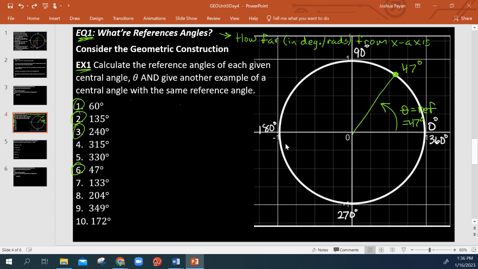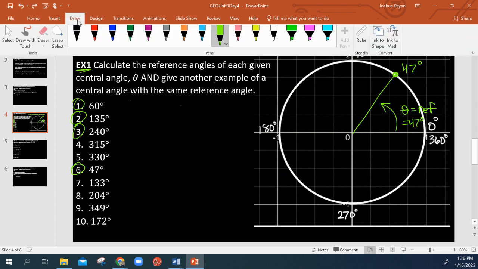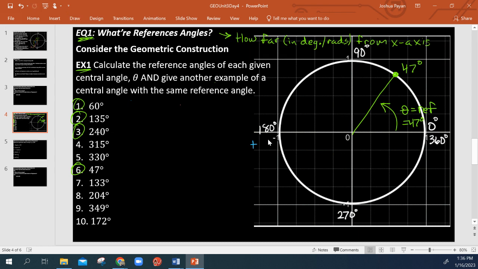So to come down into quadrant 3, I'd have to add. If I want to know what angle has the same reference angle as 47 degrees, I would just take 47, which is my reference angle, and add that to 180. And that's going to put me about right here. And what would that be? 227 degrees.